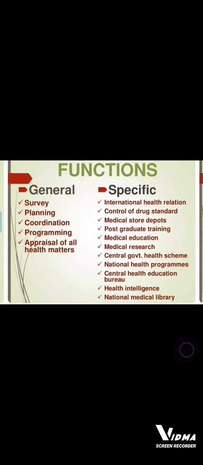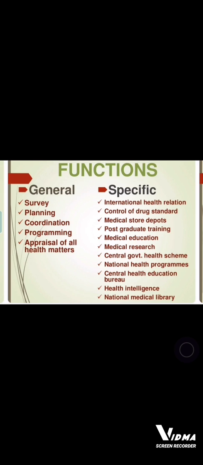What is the function? One is specific function, one is general function. In the general function, they will survey, plan, coordinate, program, and do the appraisal of health matters. First, they will do a survey in the community and gather information.